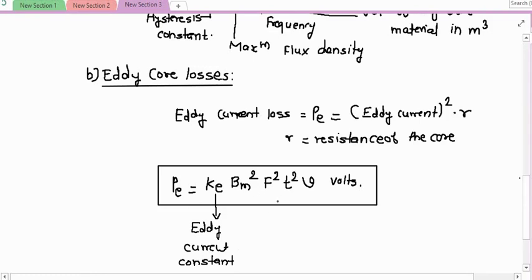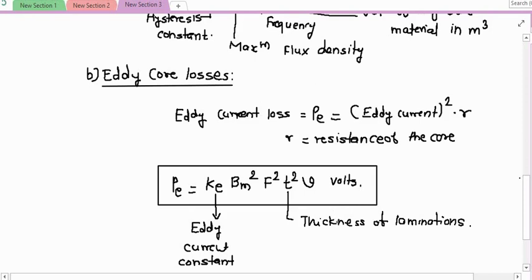Bm is the maximum flux density again. f is the frequency, and the new term here is t, the thickness of laminations. v is the volume of the magnetic material in cubic meters.